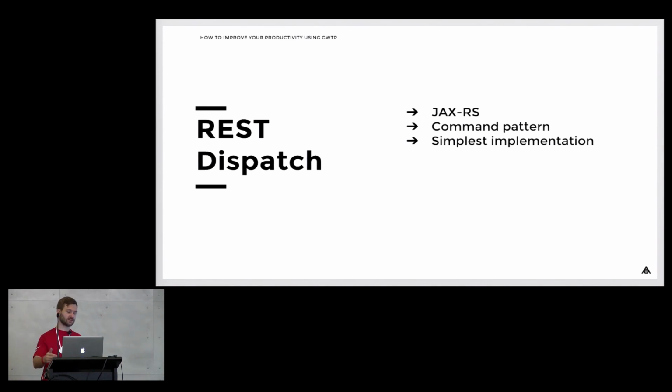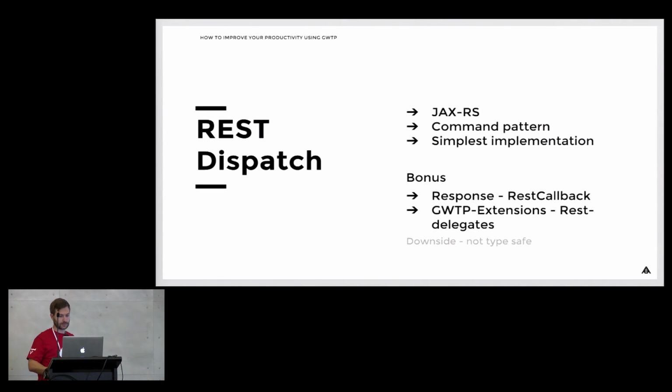RestDispatch. As I said a little bit before, RestDispatch is aimed to be a fully JAX-RS implementation. It implements the same command pattern as the RPC dispatch, and we aim to do the simplest implementation possible, so that you have as little code as possible to initialize your RestDispatch call.